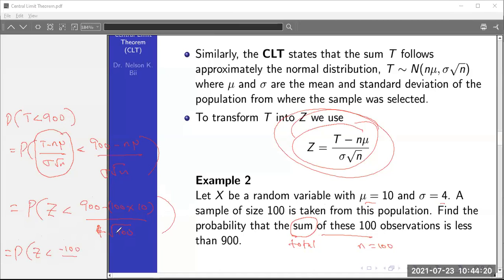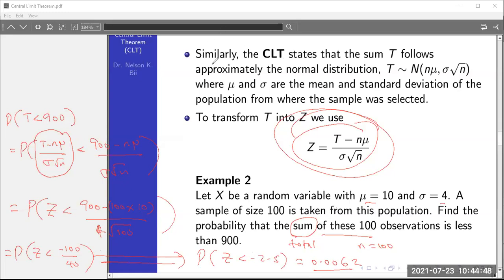Divided by the square root of 100, which is 10, 10 times 4 is 40, okay? So what do you get? That's the probability that Z is less than, is it negative 2.5? Yes? Yeah, which will give us the same value, isn't it? 0.0062, okay? What we got from example 1.